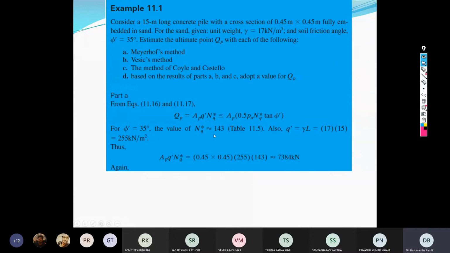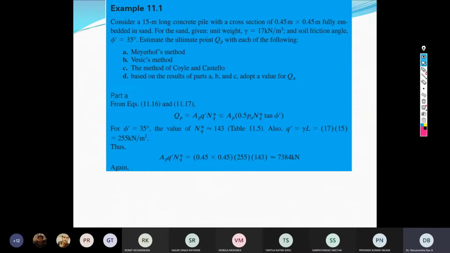Substitute now, because we know Nq and q dash. Ap is the cross-sectional area of the pile, that is 0.45 by 0.45, into 255 into 143. The total is 7384 kilonewton. Please verify, this is the point bearing load, not the pressure, because we have multiplied the pressure with the cross-sectional area.